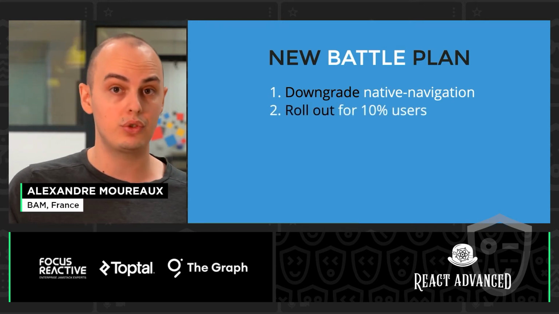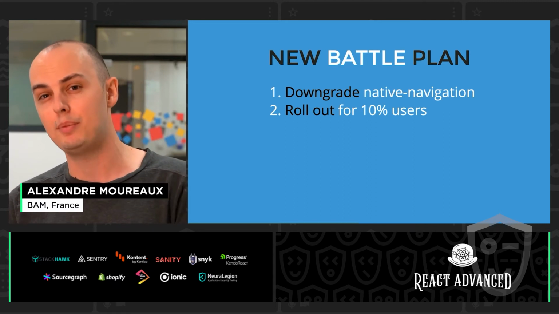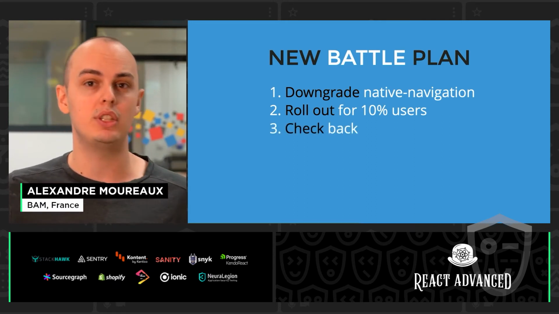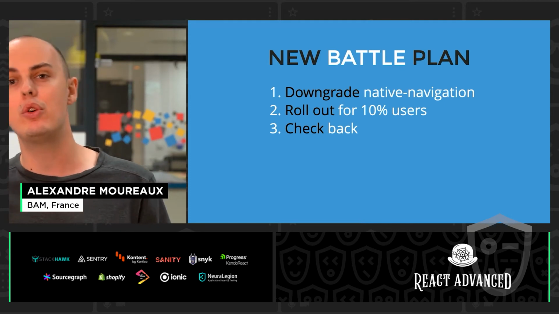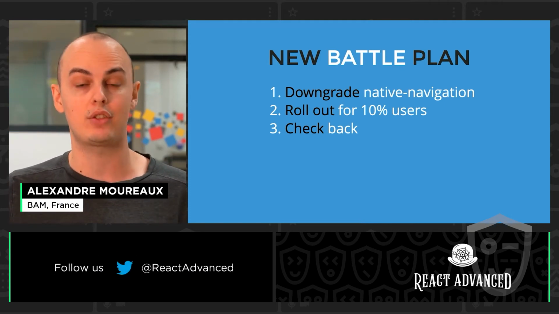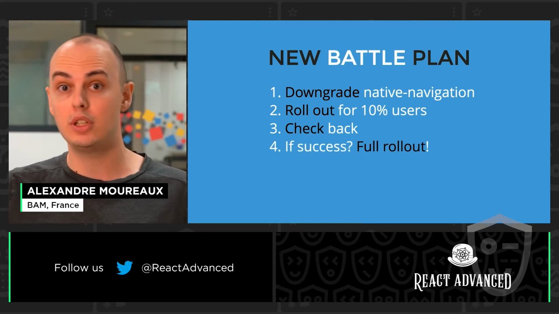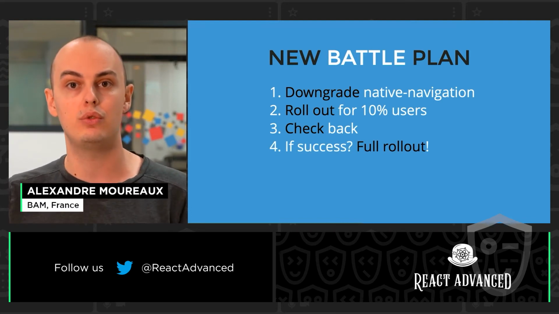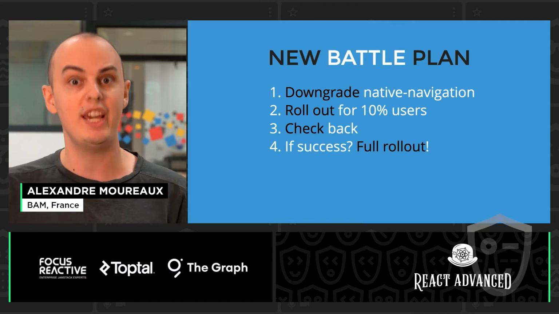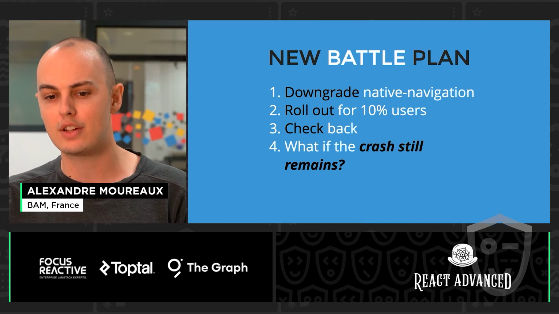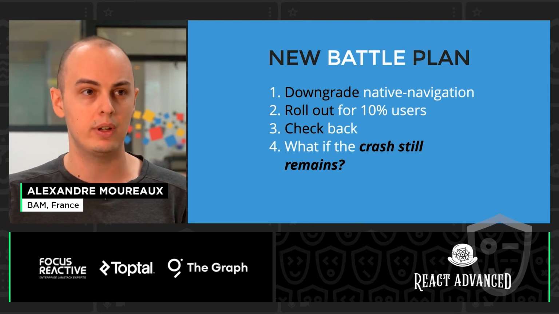We release a new version that we roll out only to 10% of our users. We check back. We should be able to see in like an hour or so if the new release is actually successful. And if it is successful, then we roll out the new release to everybody because, well, the crash is fixed. Yay! But what if it actually doesn't fix the crash?